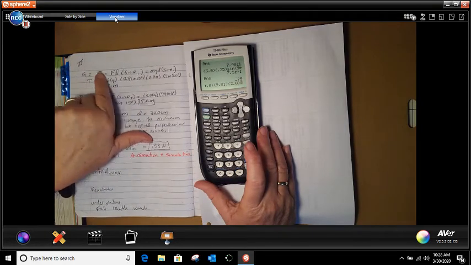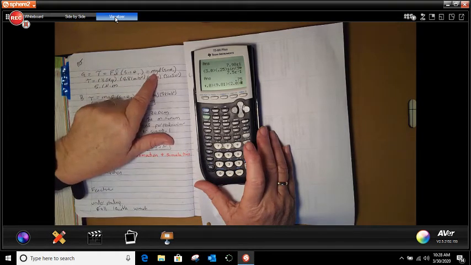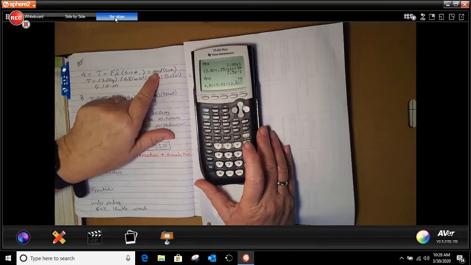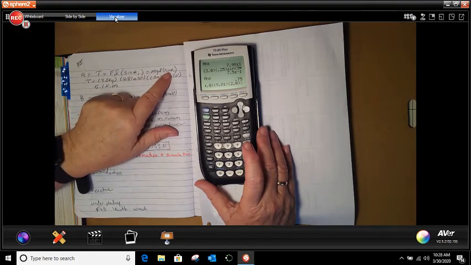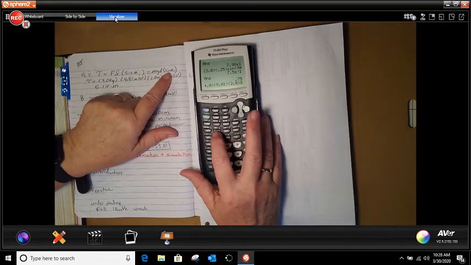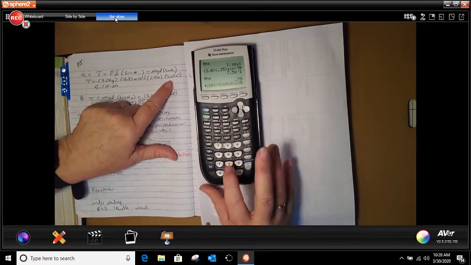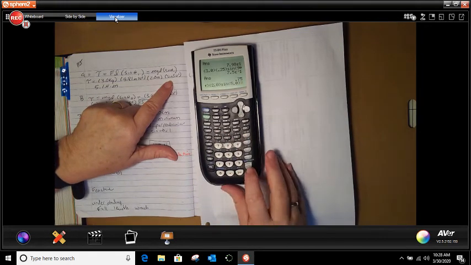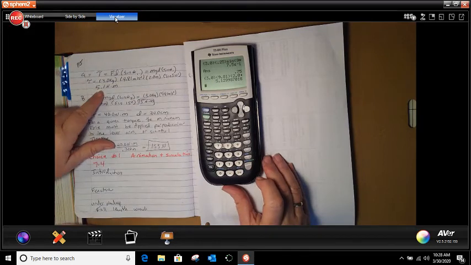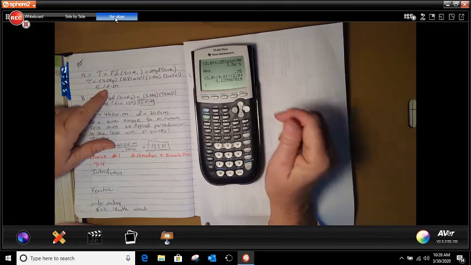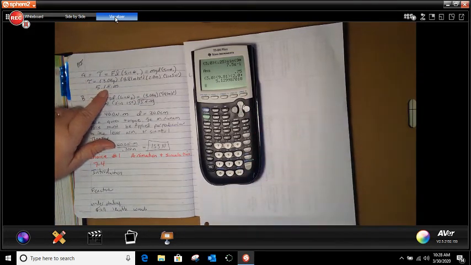I have to have gravity in here also, which is right here. So since I have gravity, I'm going to do mass times gravity times distance, and then I'm going to do my sine, and that is 5.0, close bracket, enter, and I get 5.1 newton meters.